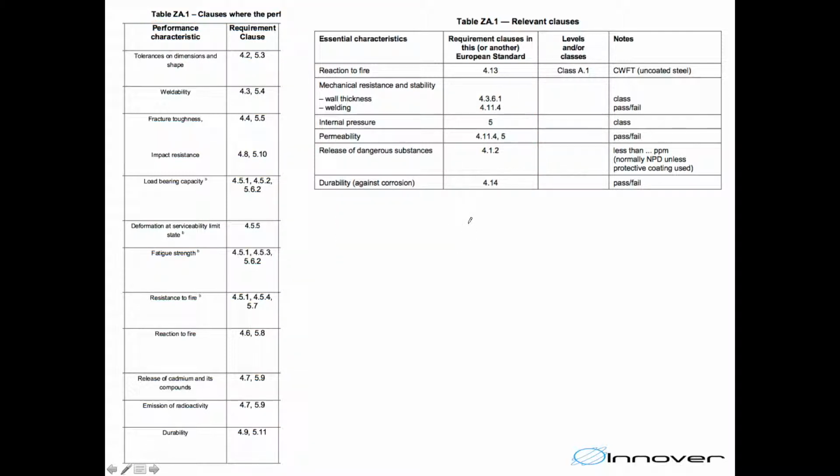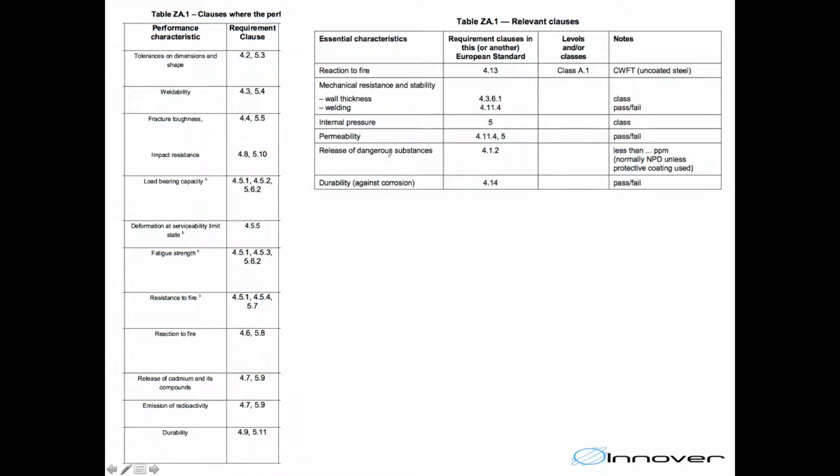But like I said in the previous slide, these are the potential characteristics that you can declare in your CE marking, not those that you must declare in your CE marking. So you can decide to declare all these characteristics: reaction to fire, mechanical resistance and stability in terms of wall thickness and welding, internal pressure, permeability, release of dangerous substances, and durability against corrosion.